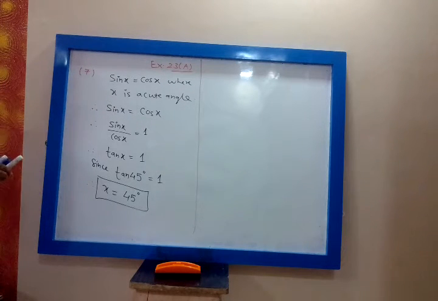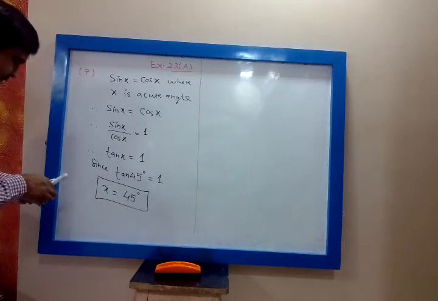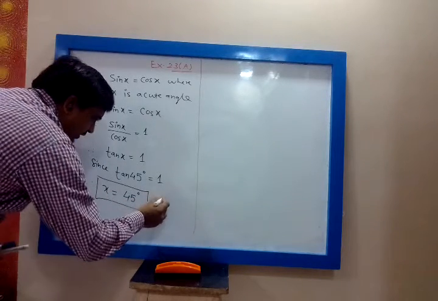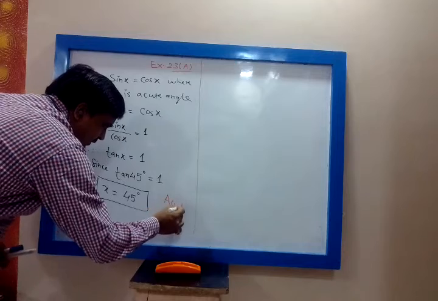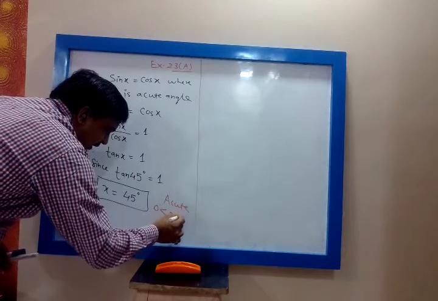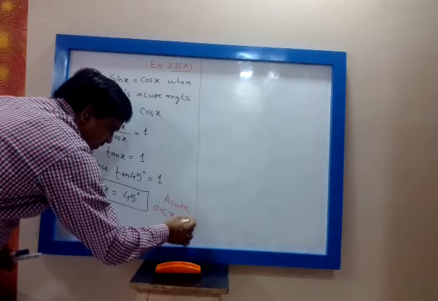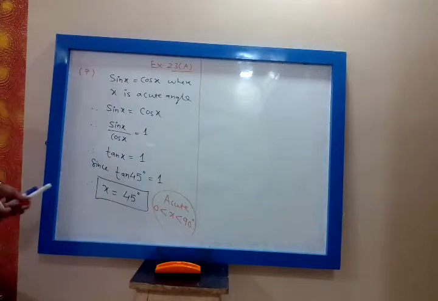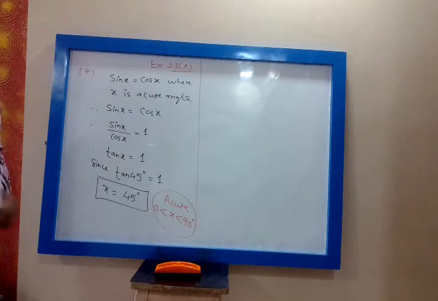X is an acute angle, no? Acute angle means less than 90 degree and greater than 0 degree. So x is 45, so x is an acute angle.